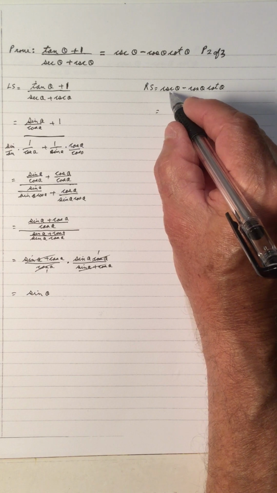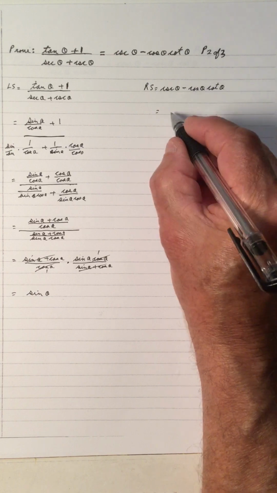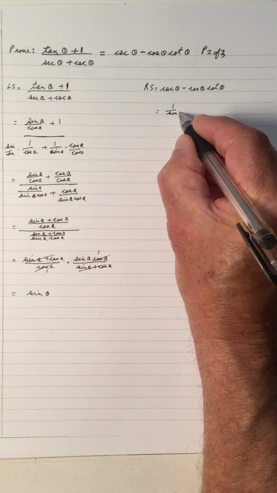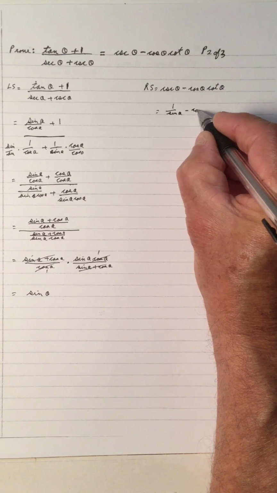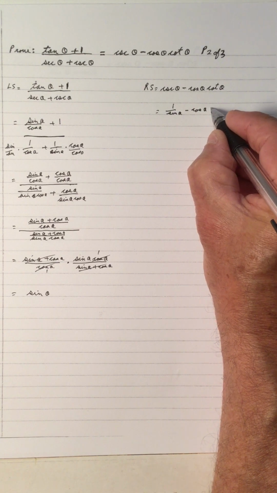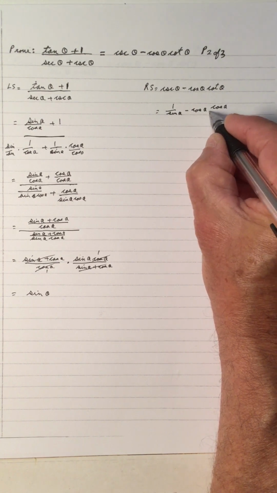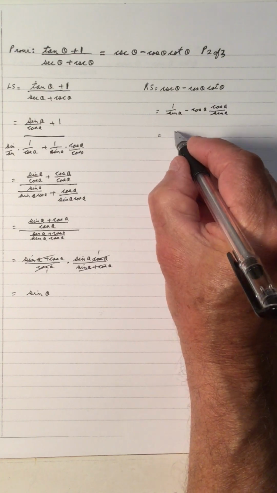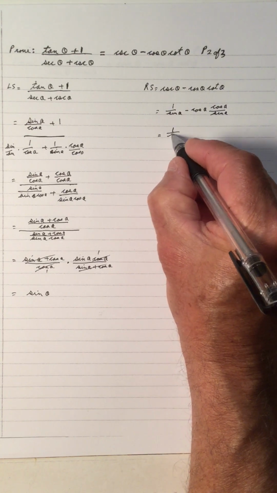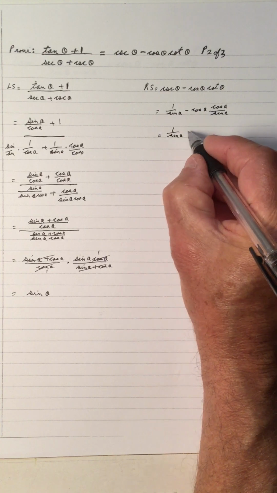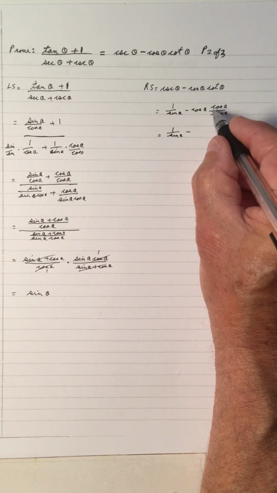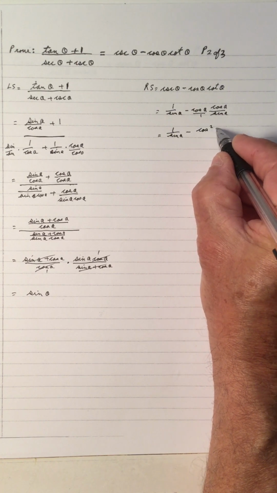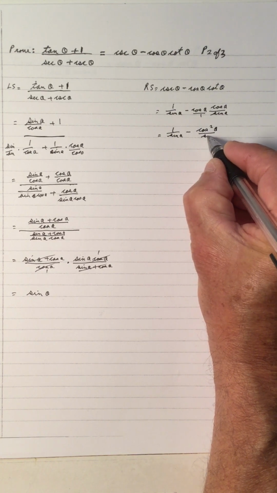So let's work, pretend you're on a sheet of scrap paper, or the teacher allows you to do this. So cosecant is 1 over sine. Cot is cos over sine. And so that's 1 over sine. And when we're multiplying here, this is cos over 1, so this is cos squared theta over sine.